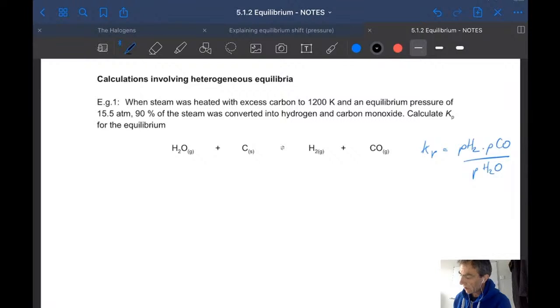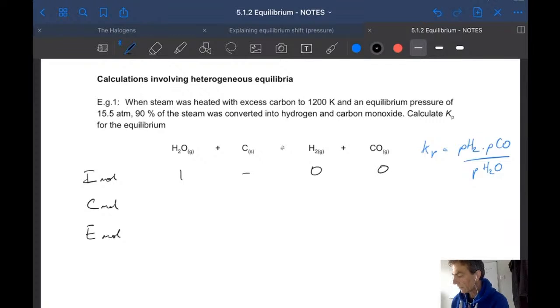So we're going to do an ICE calculation. Remember, some people don't bother with the C, but I quite like to include it. So these are moles. We're not told the number of moles, so I think this is where some people might find it a little bit tricky. All I'm going to do is assume we've got 1 mole of steam. We're not bothered about the carbon, so I'll just put a dash for that.